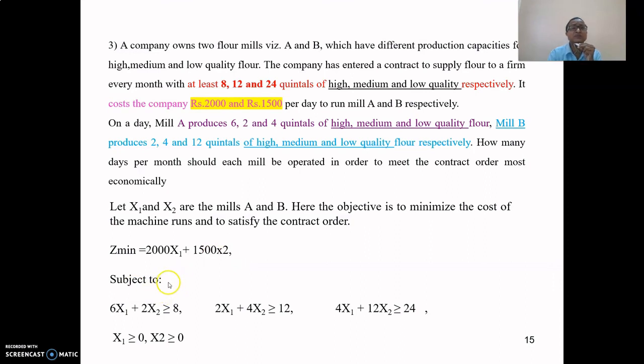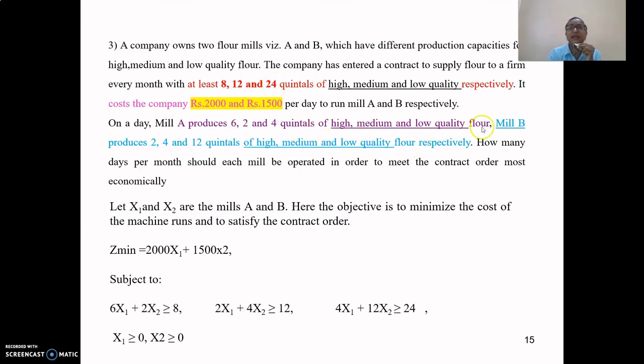Now, subject to the constraints of producing the different qualities of flour, that is high, medium and low quality, from mill A and mill B respectively in different proportions. Therefore, for high quality the demand at least is 8 quintals, for medium demand is 12, and for low demand is 24.